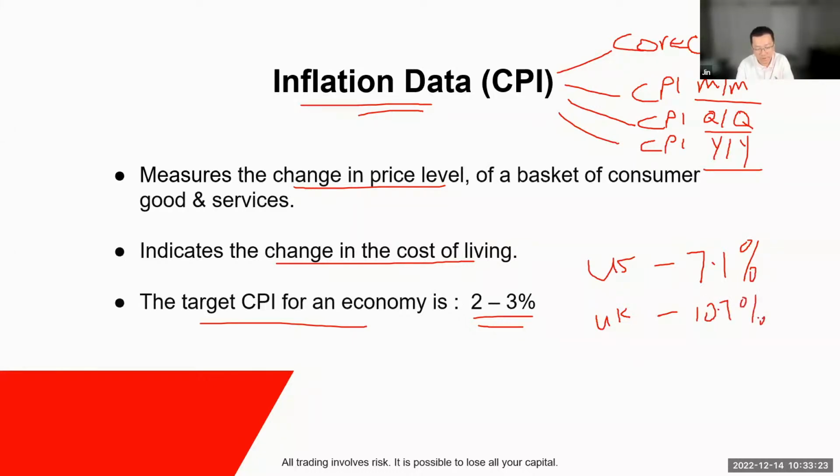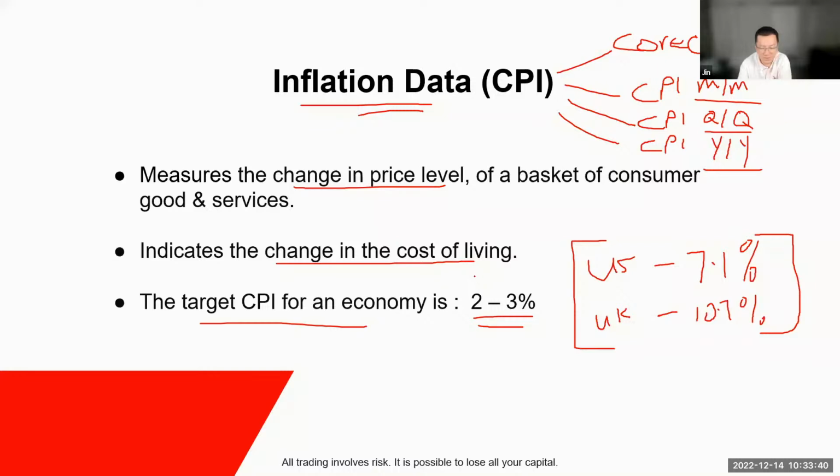All right, and what you should notice quite quickly is that the US and the UK CPI is at 7.1 and 10.7, compared to their target of 2 to 3%.